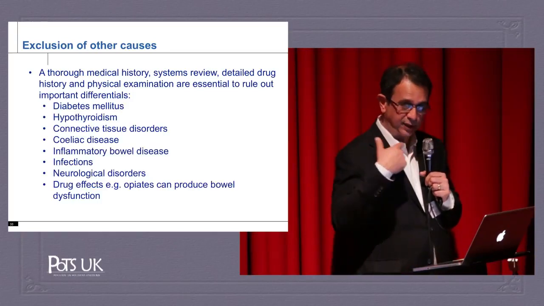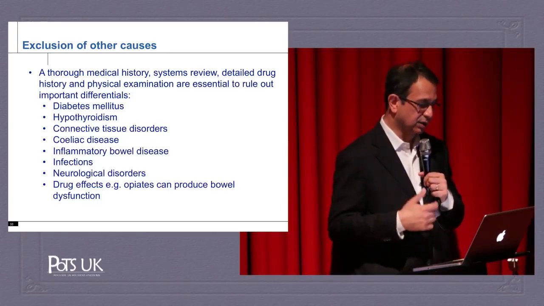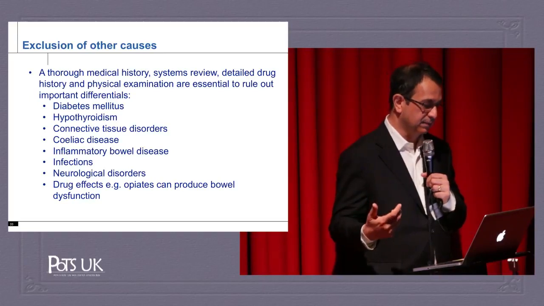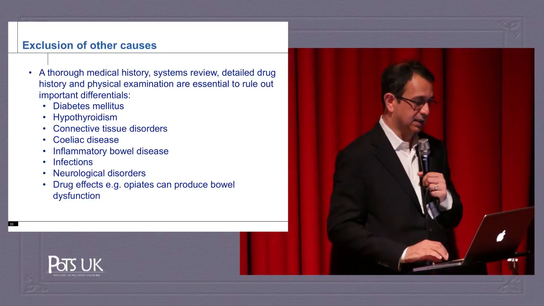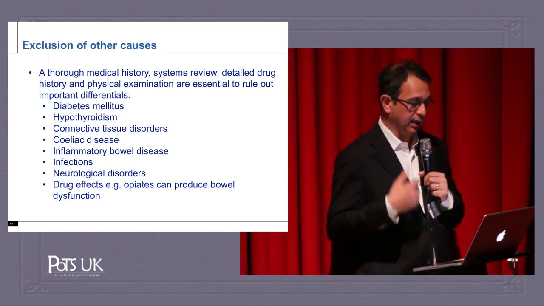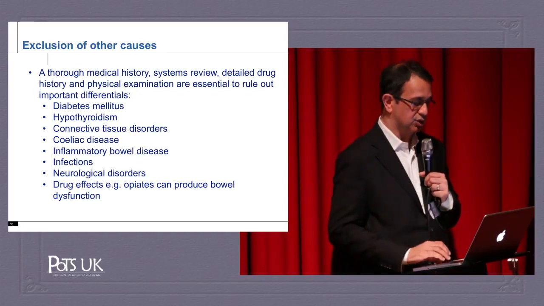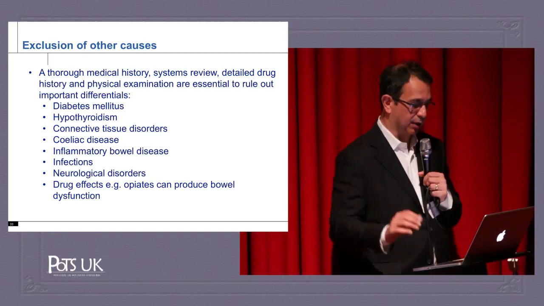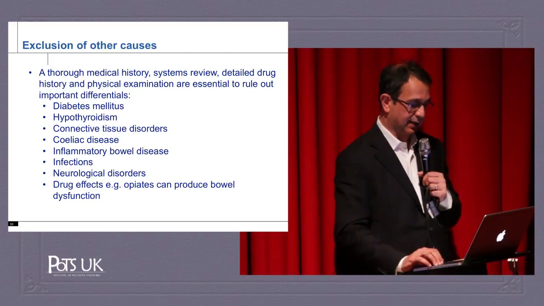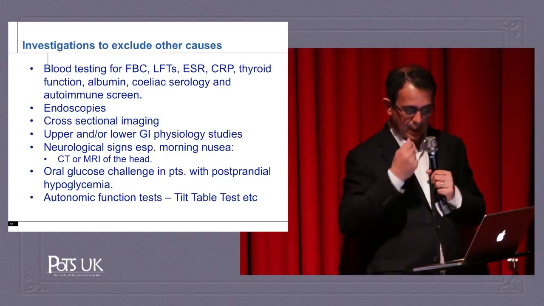There's a whole range of conditions which can produce similar symptoms of autonomic dysfunction that one needs to make sure have been excluded. I won't go through each one of them, but suffice to say that one cannot just put them into one category. One does have to go through a whole exclusion process.